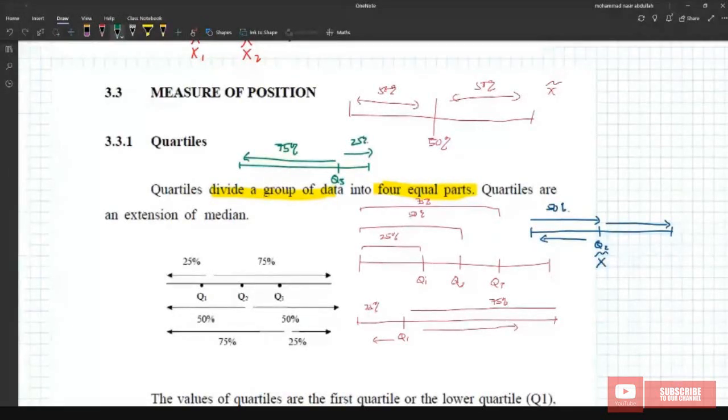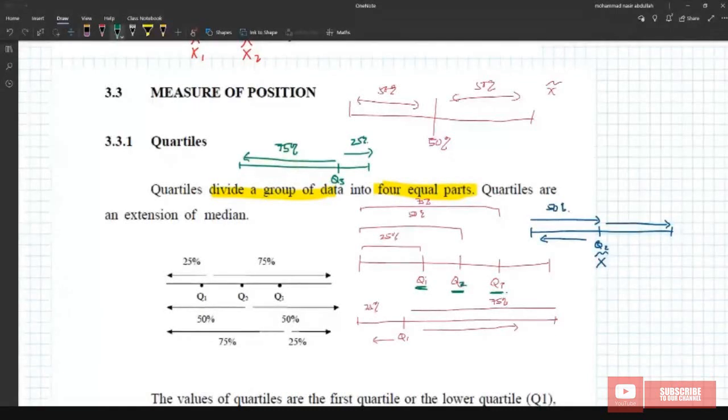So this is how we interpret quartile 1, quartile 2, quartile 3. Q1 represents quartile number 1, Q2 is quartile number 2, Q3 is quartile number 3. So this is the definition of quartile, right?